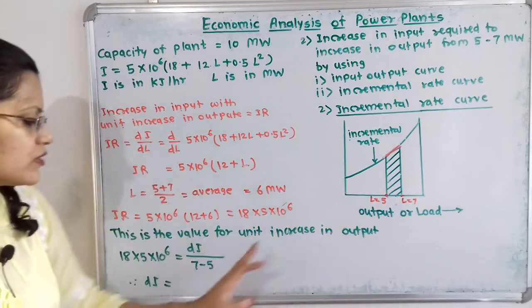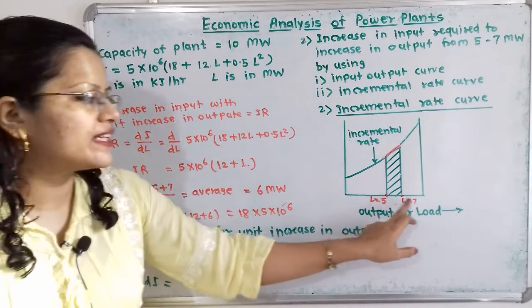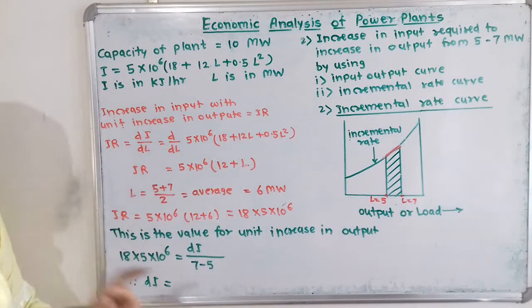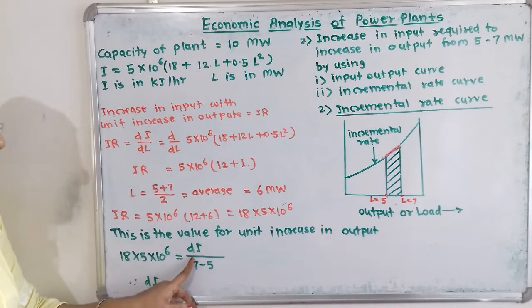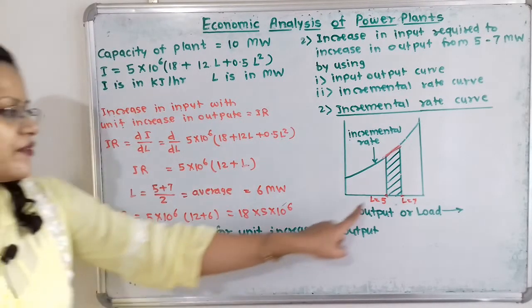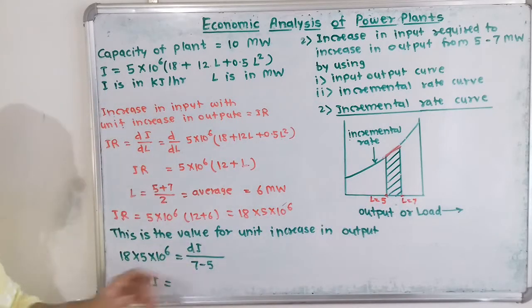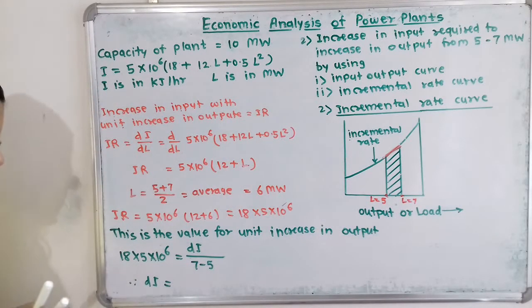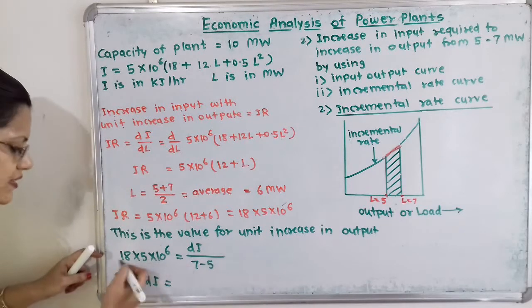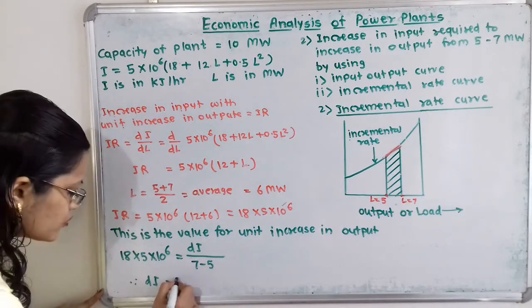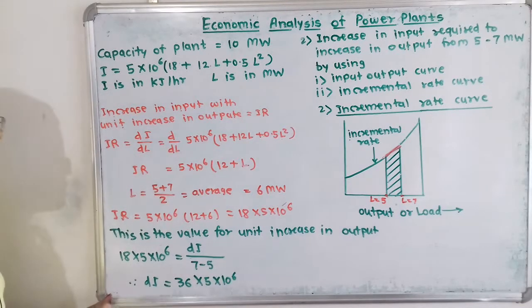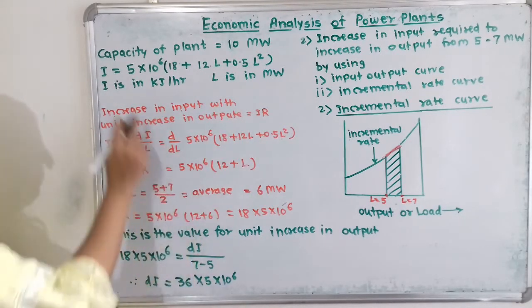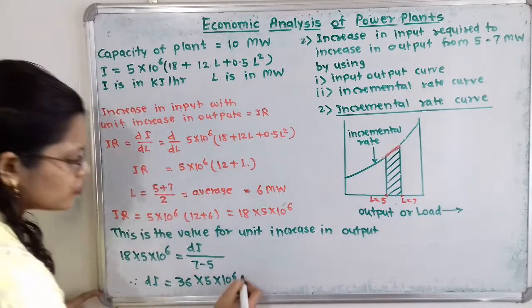When I put the value of IR and the value of DL in this equation, I get 18 into 5 into 10 raised to 6 is equal to DI divided by 7 minus 5. When we solve this, 7 minus 5 is 2. So DI is equal to 36 into 5 into 10 raised to 6. And what is the unit? The unit we have to take as kilojoule per hour.